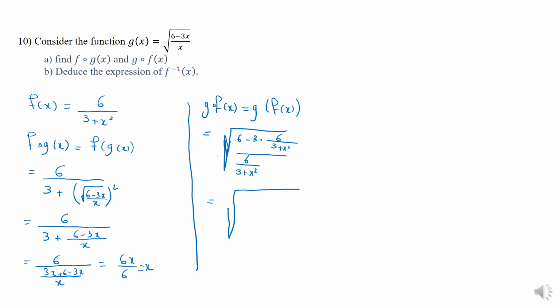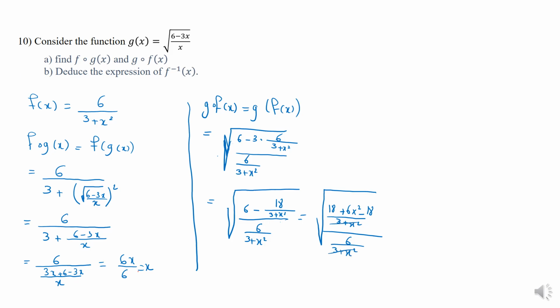It is equal to radical 6 minus 18 over 3 plus x power 2, over 6 over 3 plus x power 2, which is radical 18 plus 6x power 2 minus 18 over 3 plus x power 2, over 6 over 3 plus x power 2.